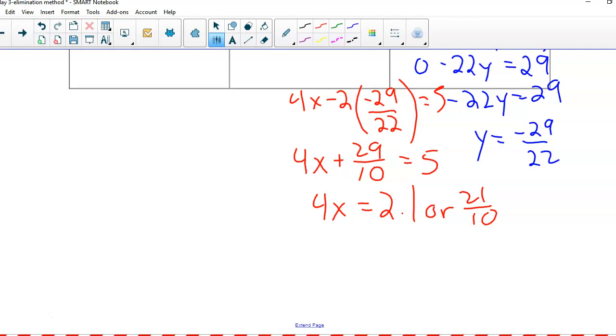Okay, and then divide 2.1 divided by 4. Change that back into a fraction. What is 0.525 as a fraction?